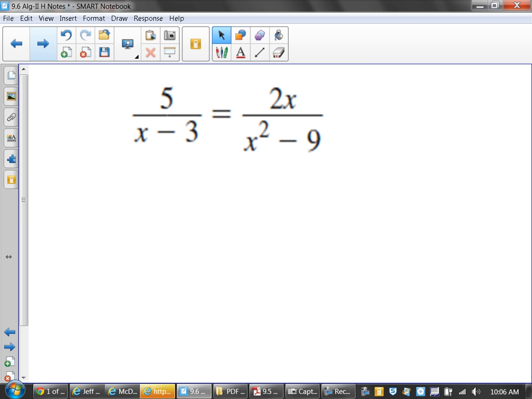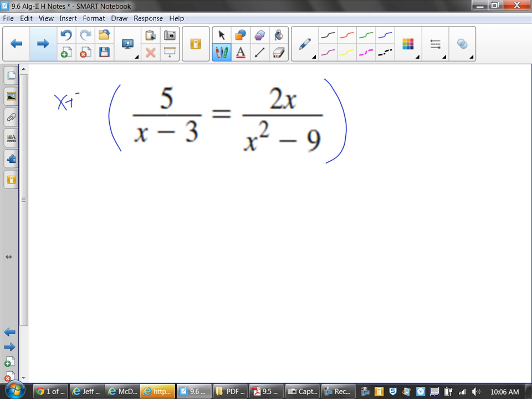All right. What did you guys do for a common denominator here? x plus 3, x minus 3. Does everybody agree on that? Okay. I'm sure some of you might have cross multiplied. If you cross multiplied, I'll double check your work in a second. If I multiply everything by x plus 3, x minus 3, I know that the first fraction just needs the x plus 3.